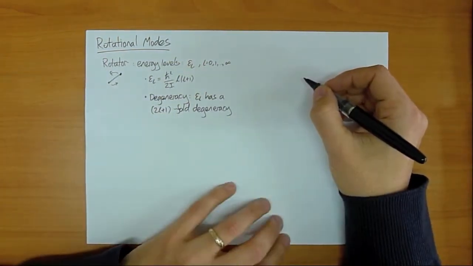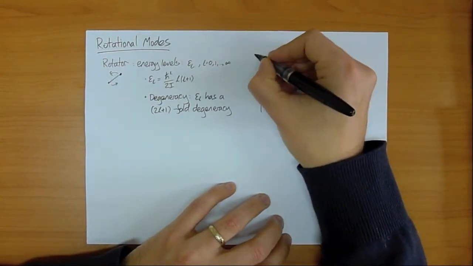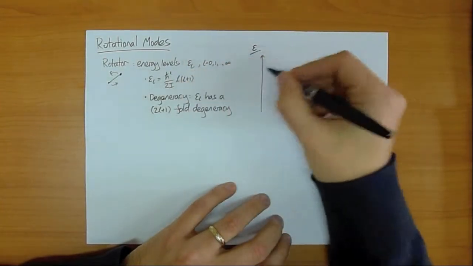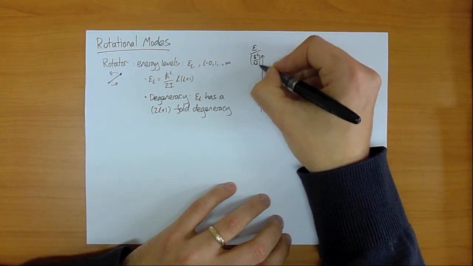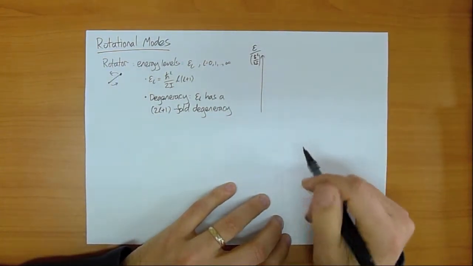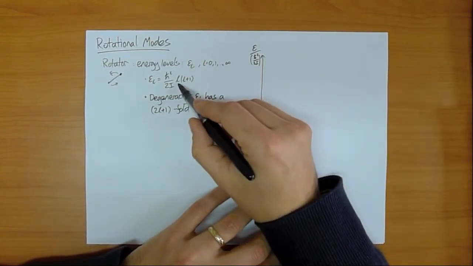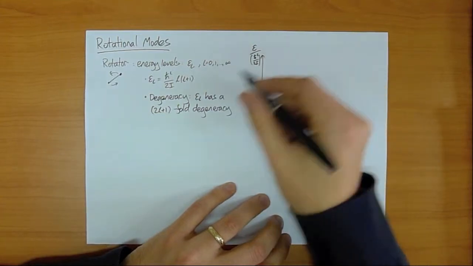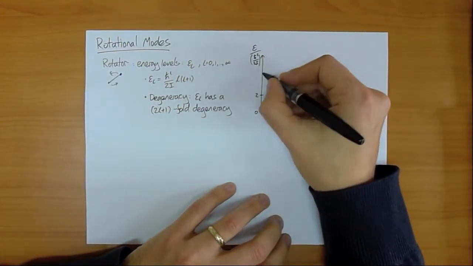Okay, so we can visualize this on a graph just quickly. If I plot a graph of the energy in terms of this unit here, then if L equals 0, I get energy 0. If L equals 1, then this term gives me 2. And if L equals 2, then this is 2 times 3, which is 6.